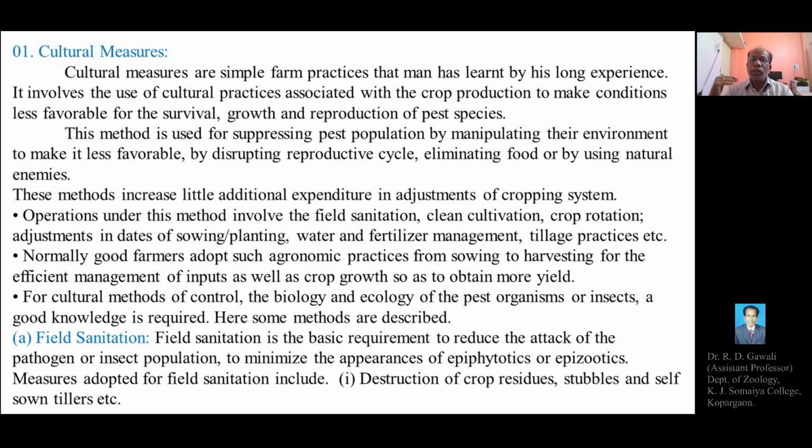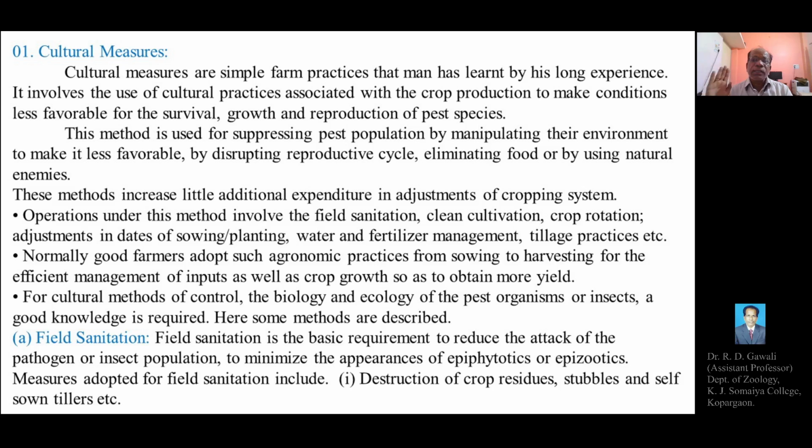So epiphytotics or epizootics are certain other plants or organisms which can be harmful to the particular crop, and thus to minimize their appearance, and so as to reduce the attack of the insect or pest population, we do certain basic practices in agricultural fields called field sanitation.